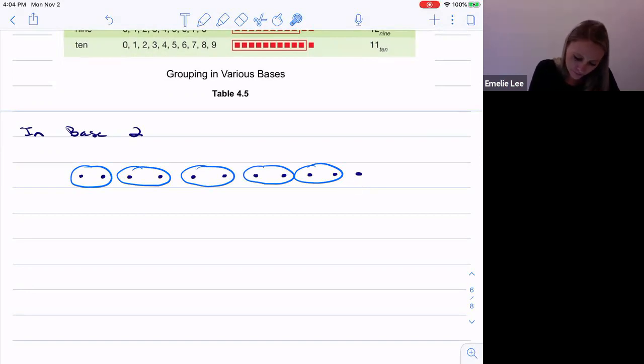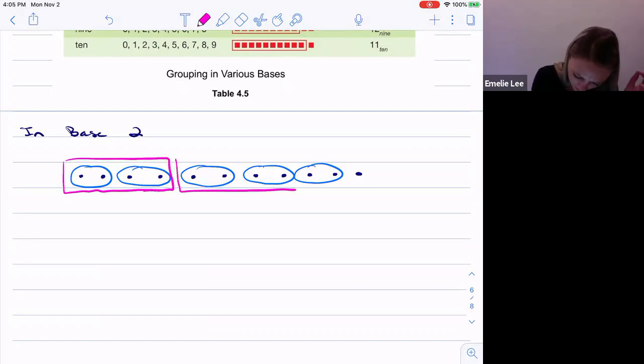Then I'm going to group the groups of 2, just like we did when we were talking about 100. 100 is 10 groups of 10. Now, 2 groups of 2 can be lumped together. As long as we're working in base 2, 2 is the name of the game here. Again, we've got another group of 2.